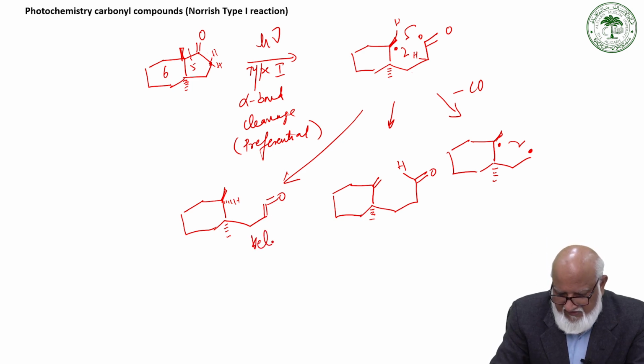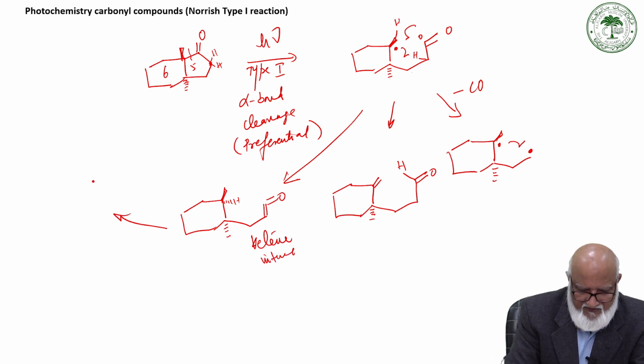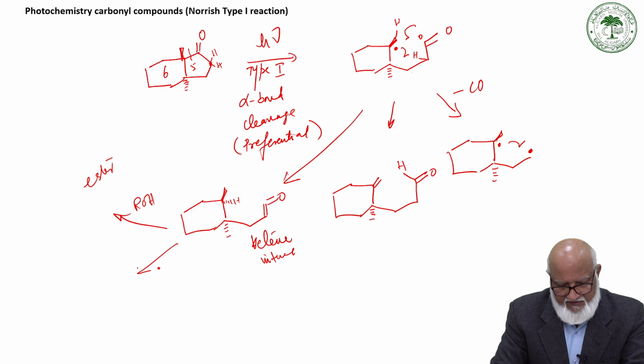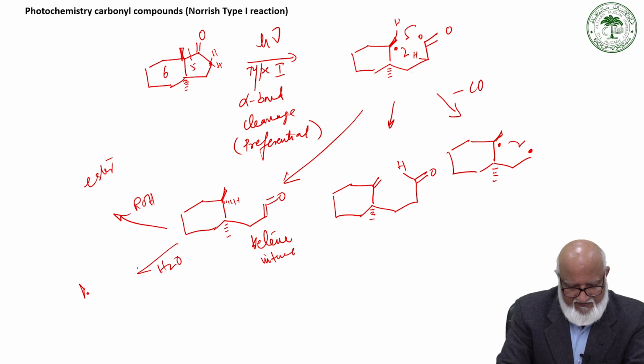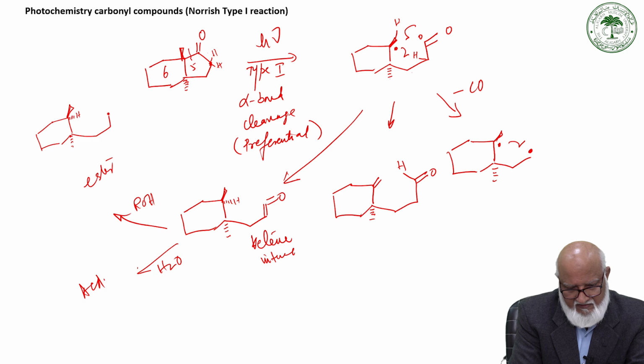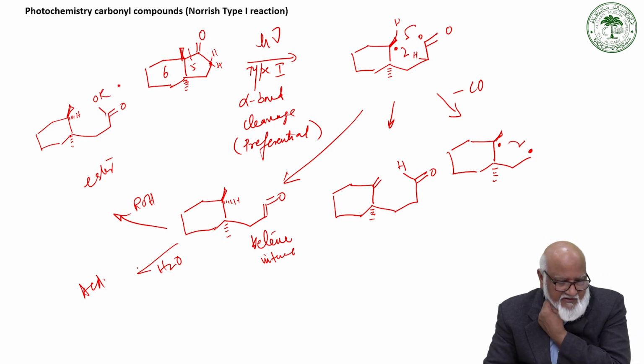This ketene intermediate may give an ester when it is in the presence of alcohol, and in the presence of water it gives an acid. So the corresponding ester is going to look like this. This is a methyl group, this is the abstracted hydrogen, this is another methyl group, C double bond O, OR. This is the corresponding ester which is formed.